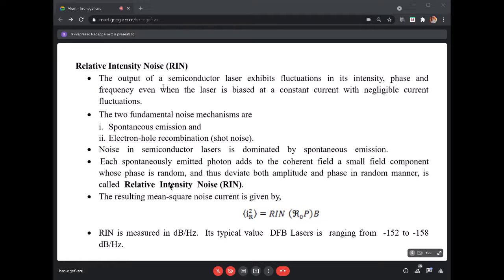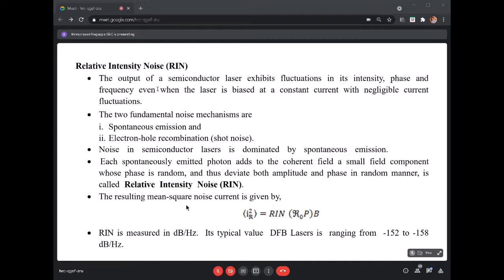It varies randomly. So due to this random nature, there will be a variation both in the amplitude as well as the phase in a random manner. Which we call the relative intensity noise. That is RIN. So the name relative intensity noise.